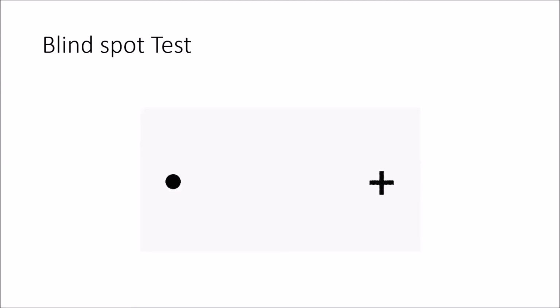The reason why you can't see the dot is because this is your blind spot. And like I said, this is a part of your eye that can't see because the cone cells and the rod cells are being blocked. Okay, so that's what a blind spot is.